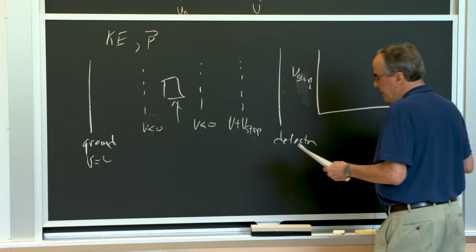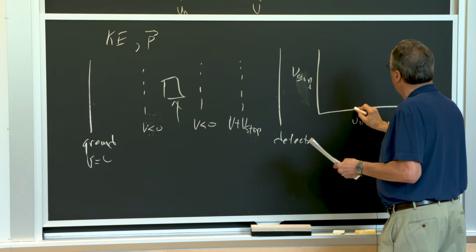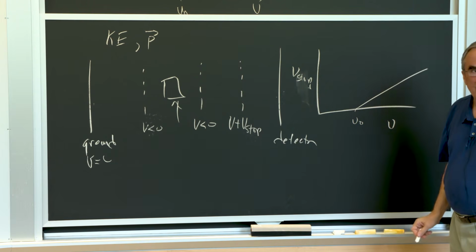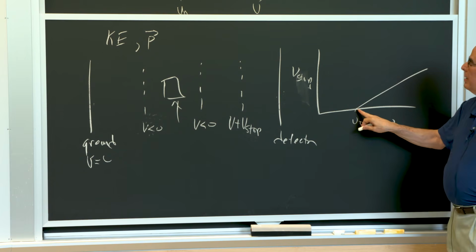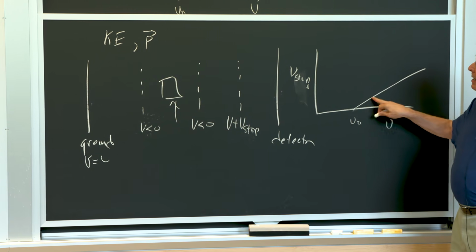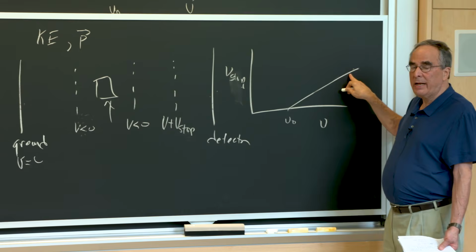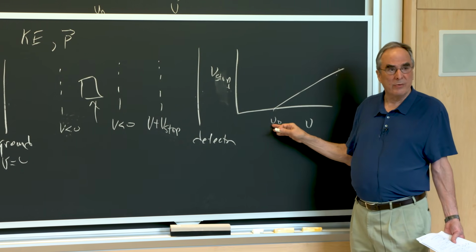And we can now plot the stopping voltage, V stop, versus frequency. And here is nu 0. And what we see is this. We see that below nu 0, there are no electrons ejected. Once we're above nu 0, electrons start being ejected, and they have a kinetic energy, which is measured by V stop, and it increases linearly with frequency.